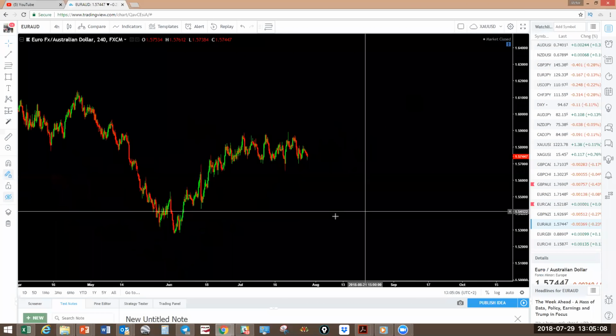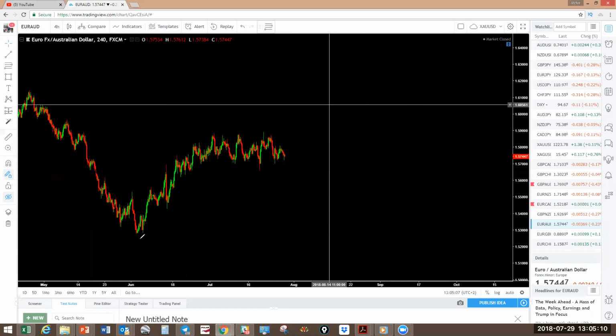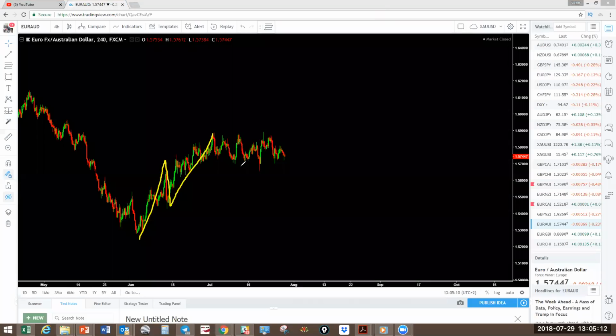On the 4-hour, as I've indicated, we've got this 1, 2, 3 wave there, and you're looking at this one as a 1, and this one as a corrective structure. Let's do it clearly, let's just do the straight line. Here you had this correction.